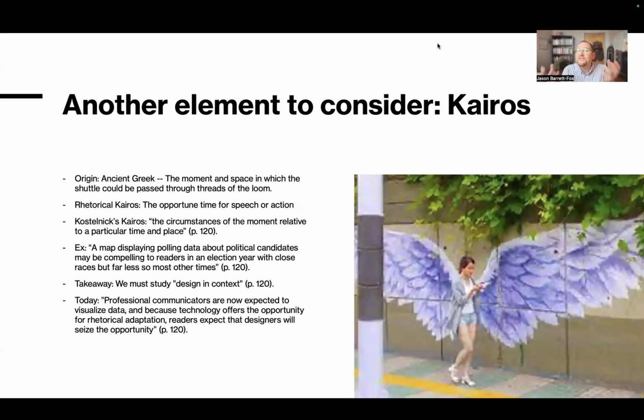So the timing of the data itself relates to whether or not that data is effective. So we've got to study what he calls design and context. He says, professional communicators are now expected to visualize data, and because technology offers the opportunity for rhetorical adaptation, readers expect that designers will indeed seize that opportunity.